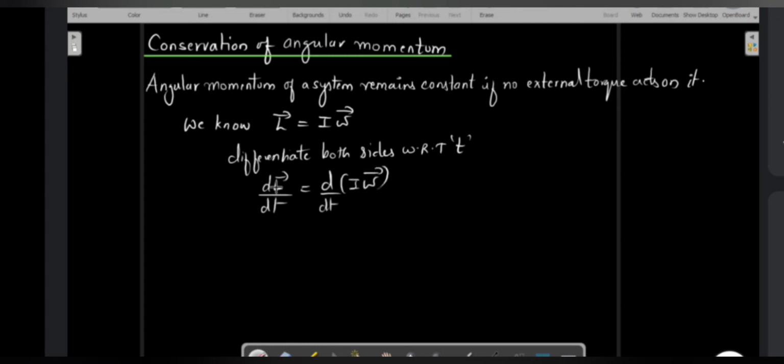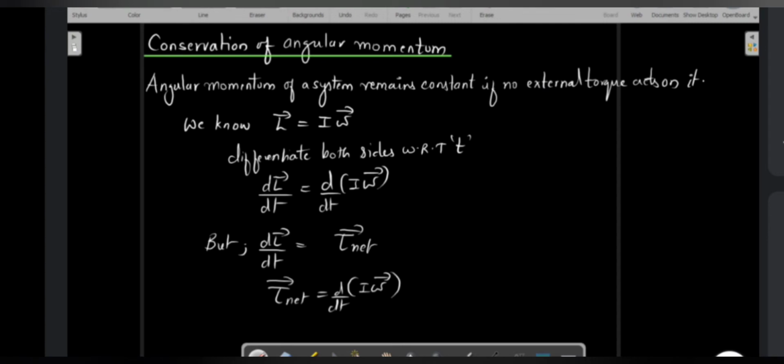Now dL by dt, we know very well that rate of change of angular momentum is nothing but the net torque acting on the body. So if we substitute it over here, we'll get net torque will be equal to d by dt of I omega.